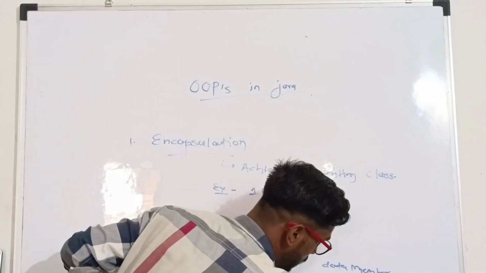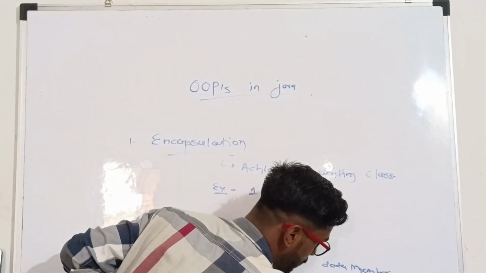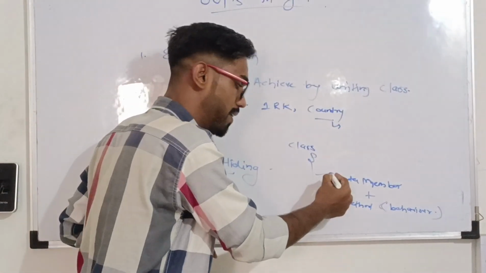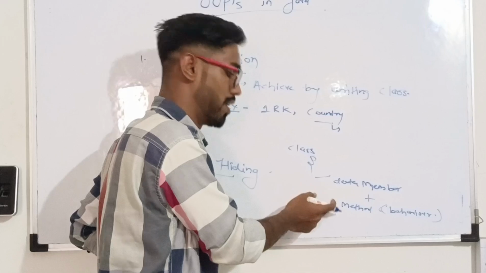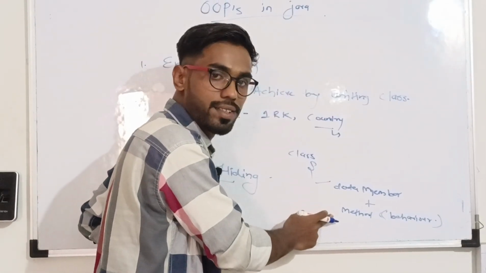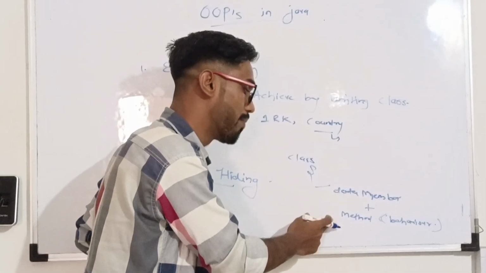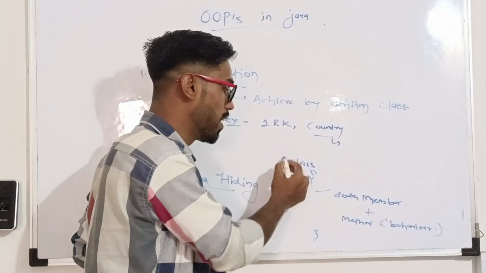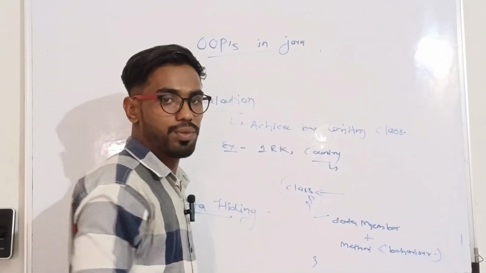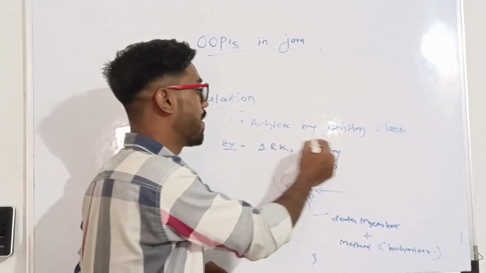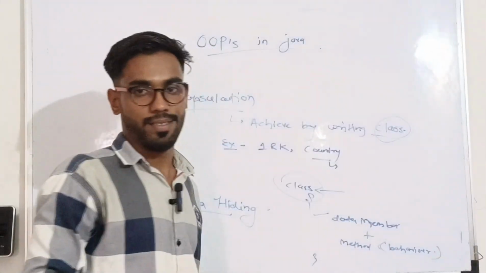So encapsulation is wrapping the characteristics, meaning data members or variables, and the methods, the behavior, in a single unit. A single unit means the class. We can achieve encapsulation by writing a class.